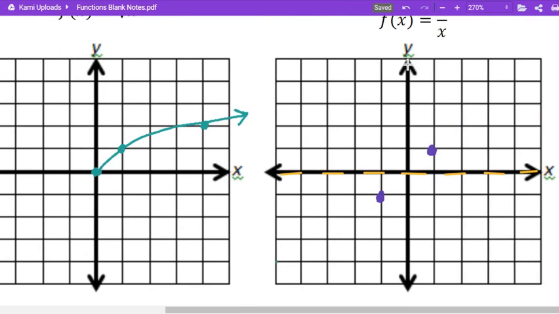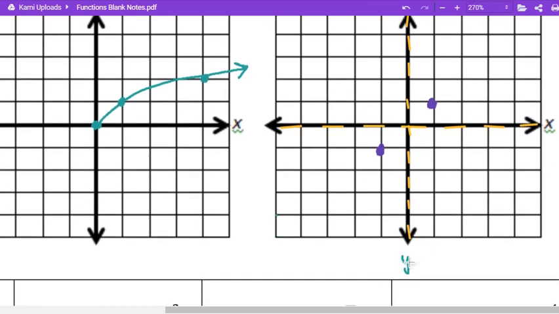Do you see I'm using a dotted line for the two asymptotes? And you must label the asymptotes. I label them as x equals 0 and y equals 0. So when I'm graphing the parent function of the reciprocal function, I graph the asymptotes, and then I graph just these two dots, and then I know the function approaches the asymptote on each end.